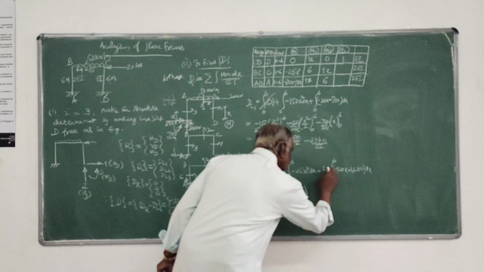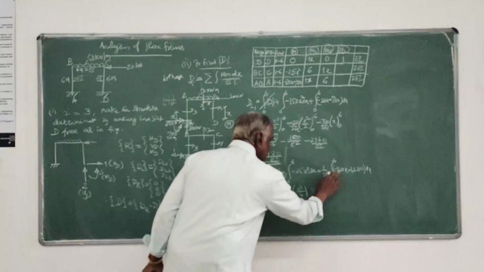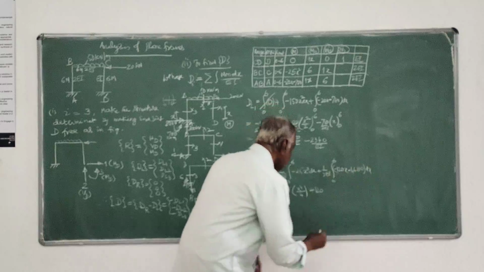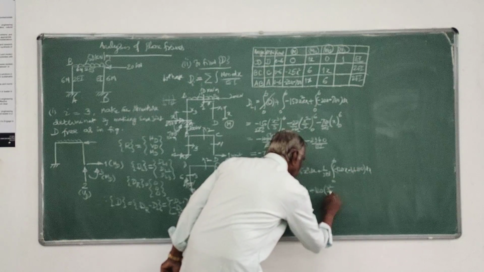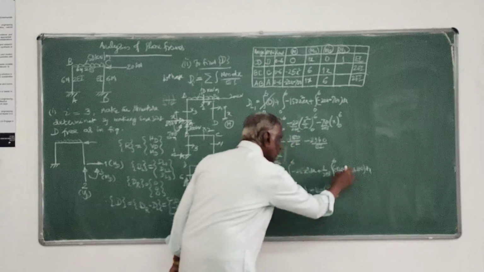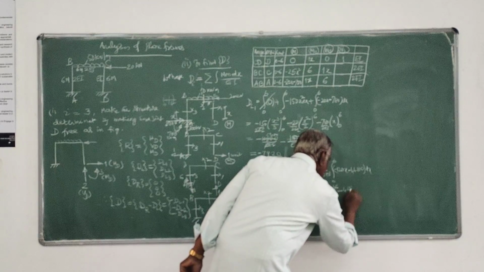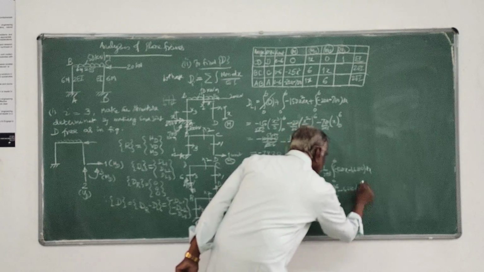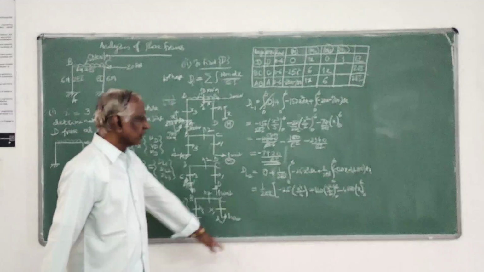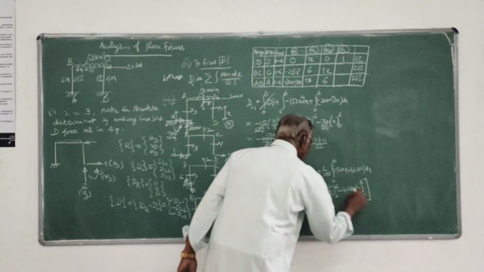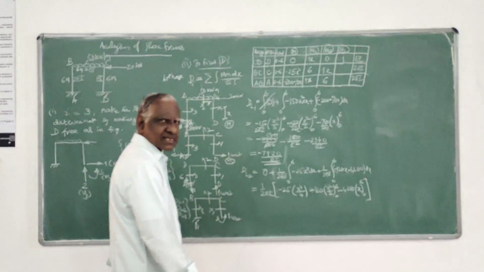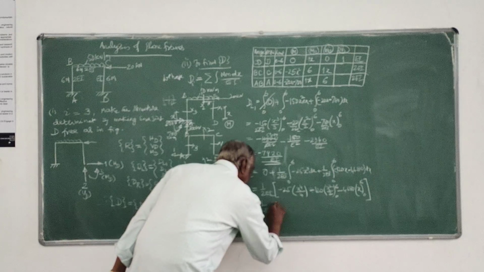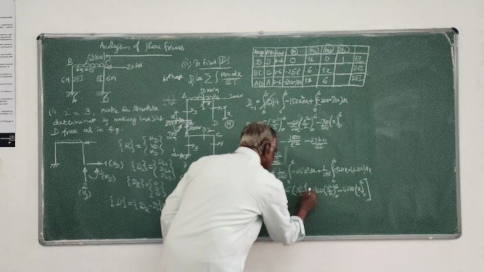Then minus 120 x squared into x dx, that is x squared by 2, limits 6 to 0, and minus 4680 into dx, dx is x, limits 6 to 0. You have to evaluate now. For both, I have taken 1 over 2EI outside. So this is 1 over 2EI into this, again limits 6 to 0.